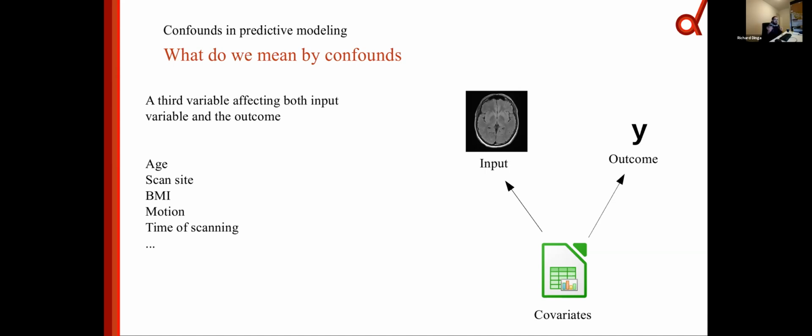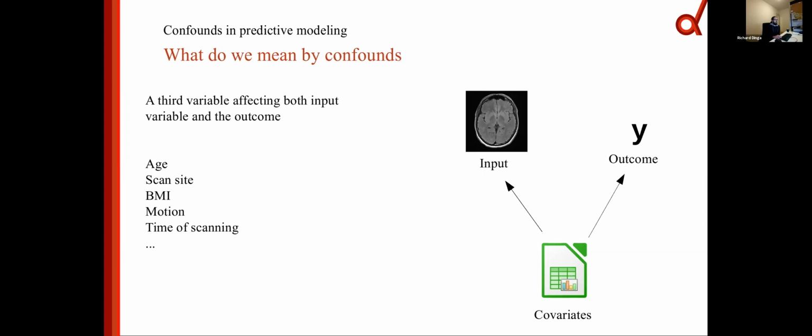It can just mean that there is a sampling bias, that older people are scanned in one site and young people in the other site, which is something we observe very often in real data.